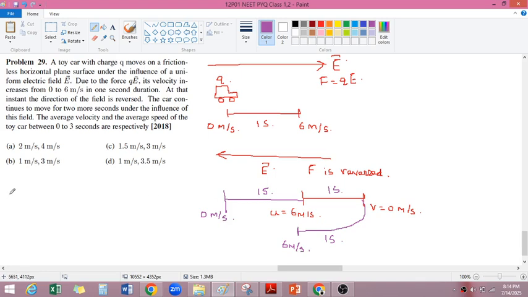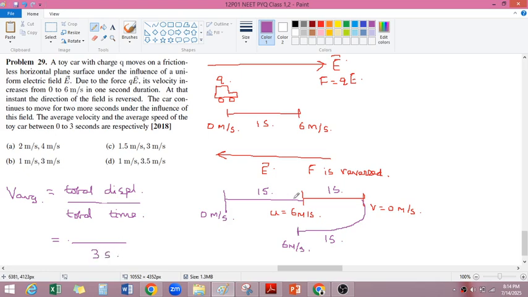So average velocity is equal to total displacement divided by total time taken. Total time taken, I know it is 3 seconds.